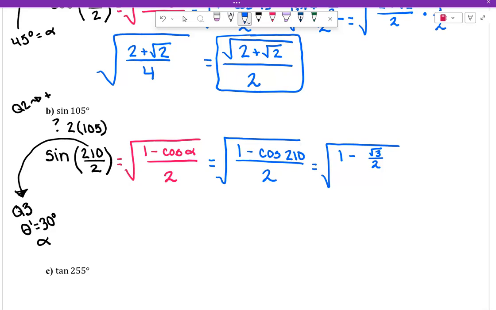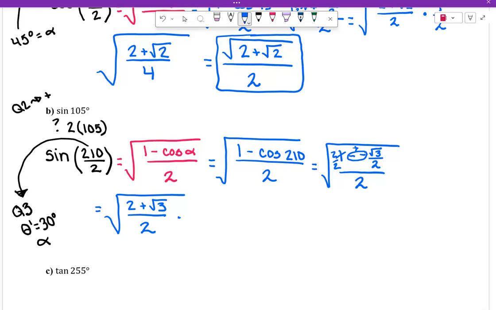Now, we're in quadrant 3. And sine is actually negative in quadrant 3. So I'm going to add another negative right there. Divided by 2. So 2 negatives make a positive. Just like the one before, I'm changing this to 2 over 2. So this is going to change to 2 plus the square root of 3 over 2.